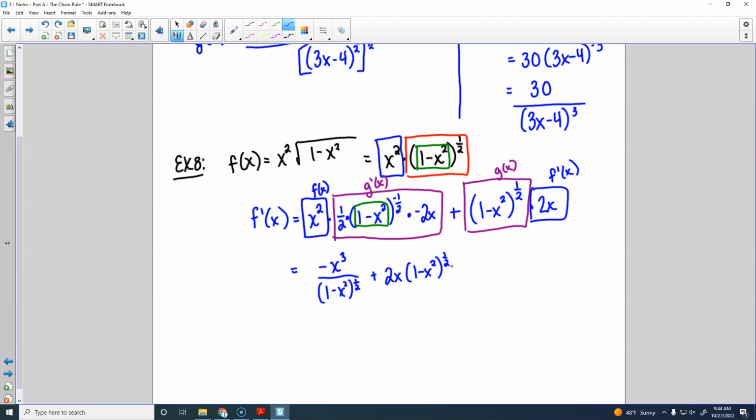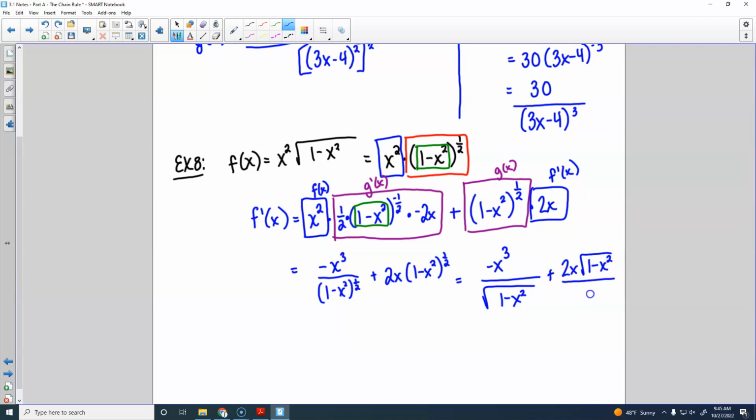They will probably convert roots. They will probably also get common denominators here. So let's write that with roots. So negative x cubed over the square root of 1 minus x squared plus 2x times the square root of 1 minus x squared.